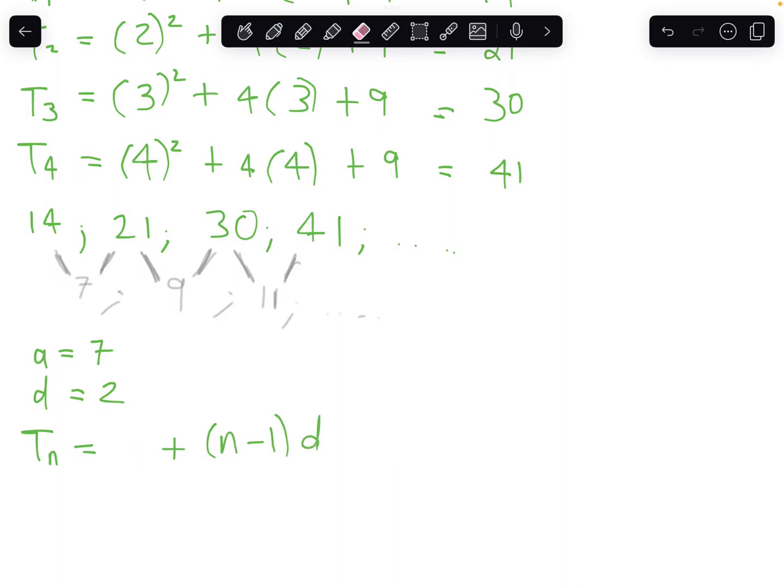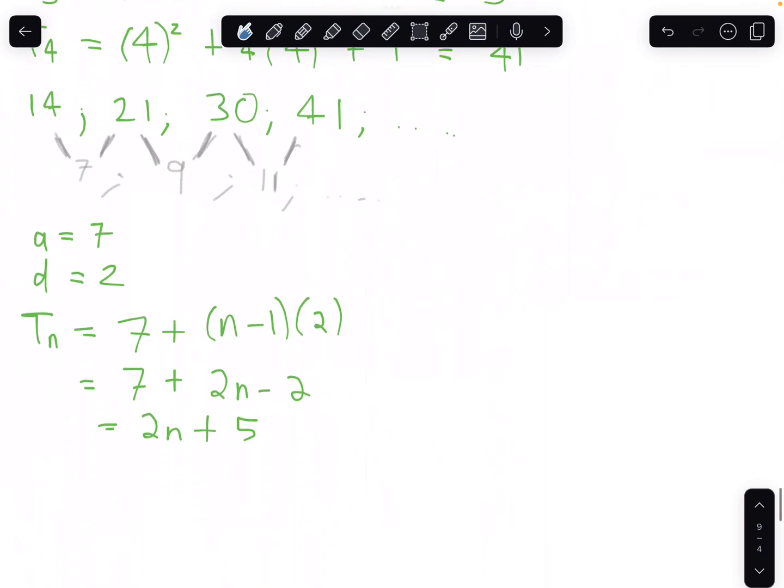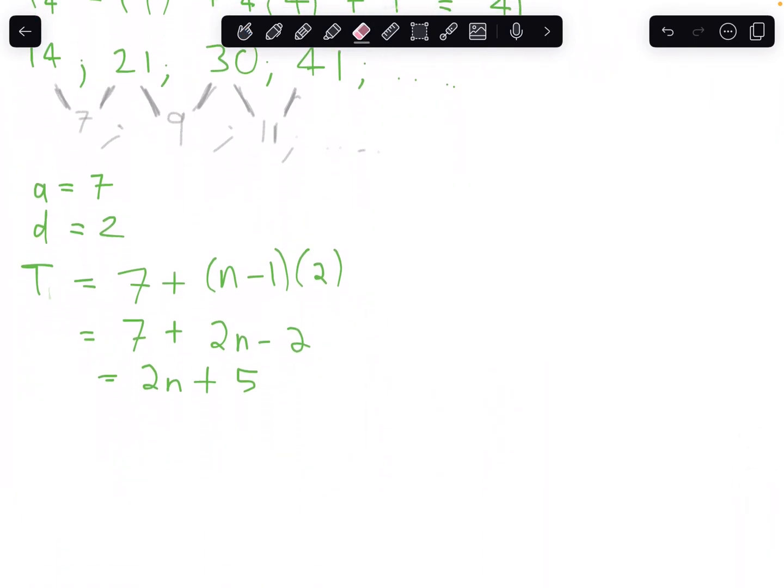In this case, a is 7 and d is 2, so that will be 7 plus 2n minus 2, which is 2n plus 5. That would be the general term, except they said to do it in terms of p. So instead of n, we would just say p.